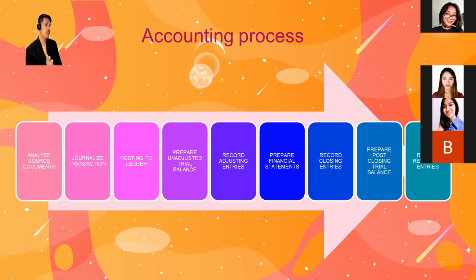Next step is to prepare a post-closing trial balance. And then finally, we have to record reversing entries. Recording of the reversing entries is optional. Basically, we do reversing entries just to make sure that the next accounting period will be easier to track.